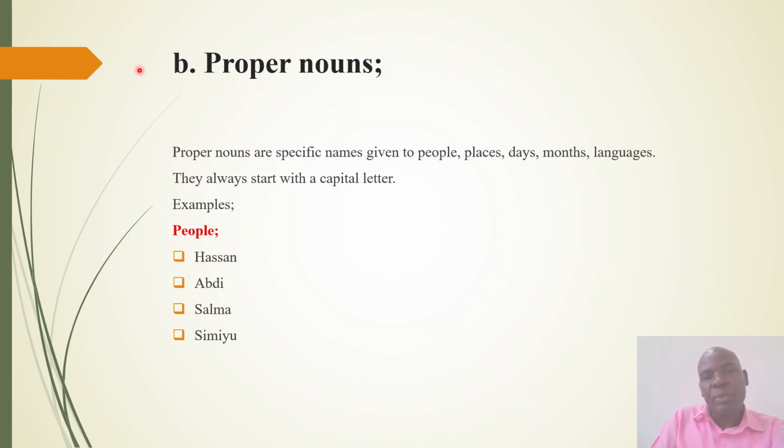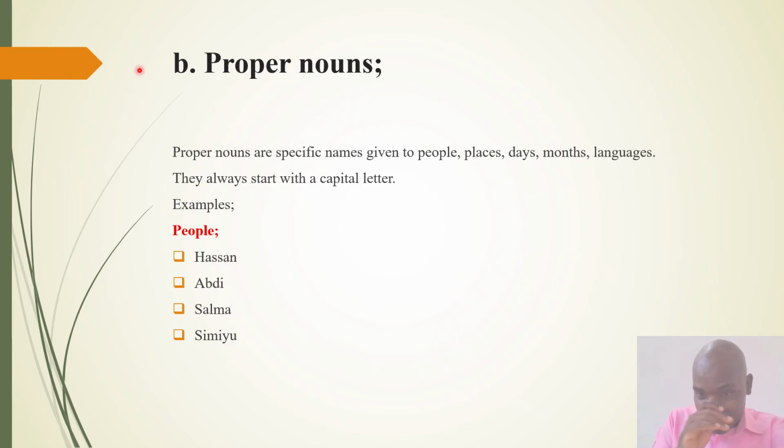We move on to proper nouns. Proper nouns are nouns that refer to people, places, days, months, languages, and many others, but in a specific way. They give specific names to people, to places, to the days, the months, languages, and many others.